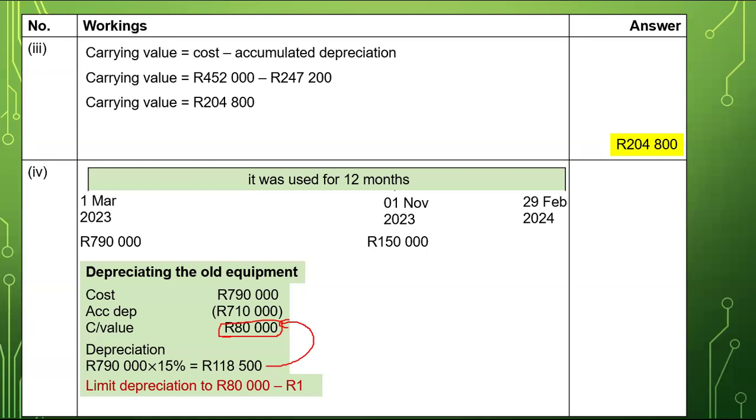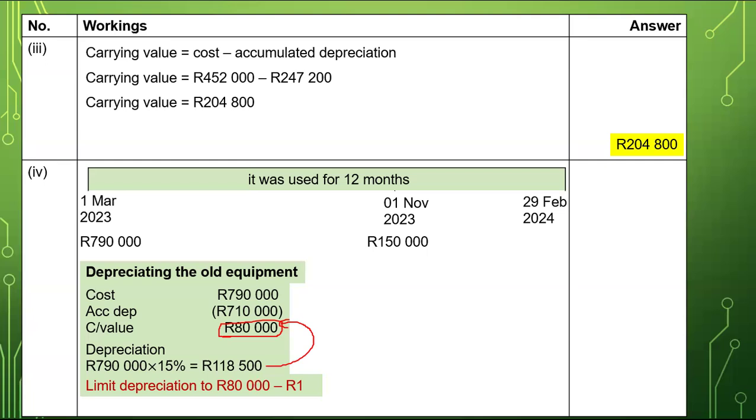I'm saying this because I will normally ask students for how long did we use this new equipment? And some of them will say 8 months. And I'm like, but how? Did we use it from March until November? No. Why? It wasn't there. We didn't have it.